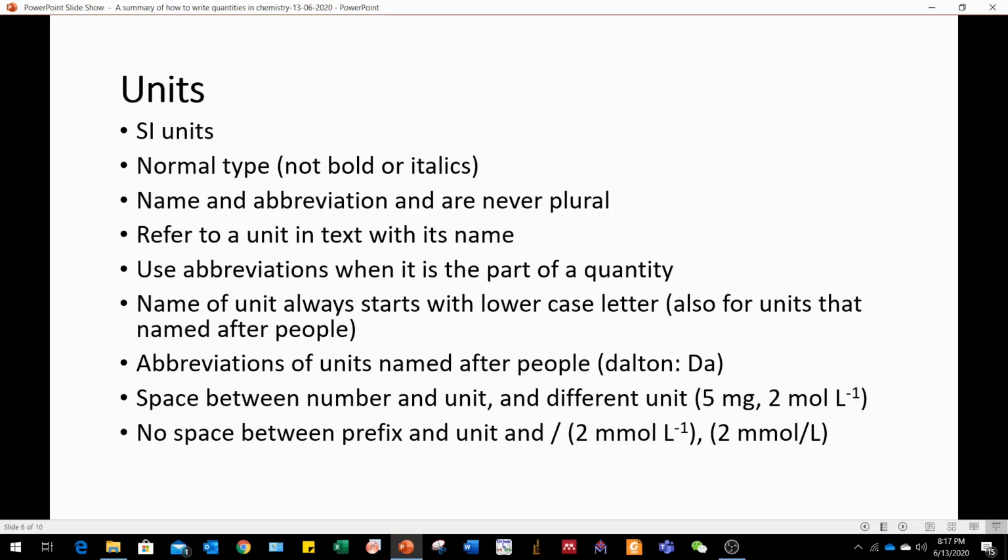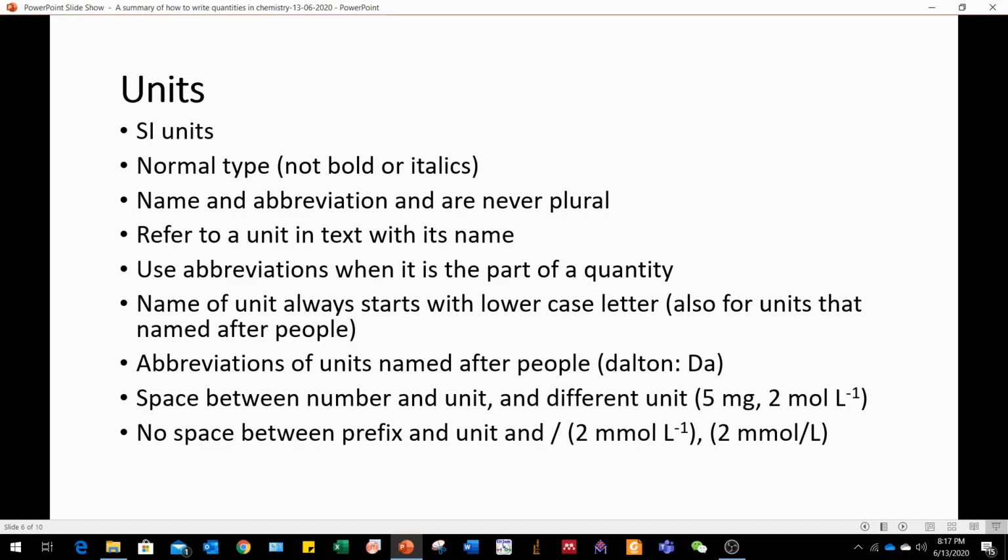For units, we should type them in normal, not in bold or italics, and we can use units in the form of their name or use an abbreviation instead, but units are never plural. When you refer to a unit in text, we have to use its name. Otherwise, when we are talking about a quantity, we use abbreviations.